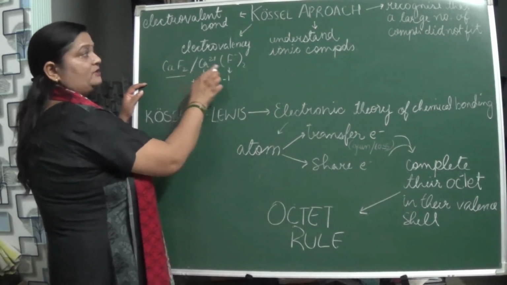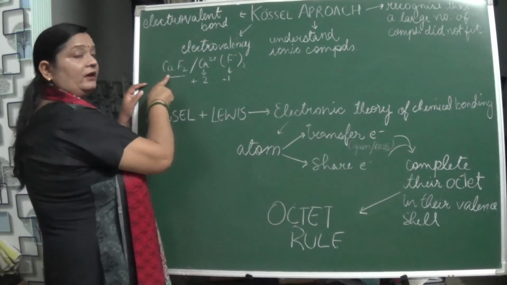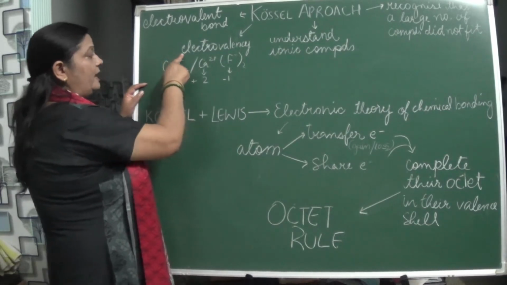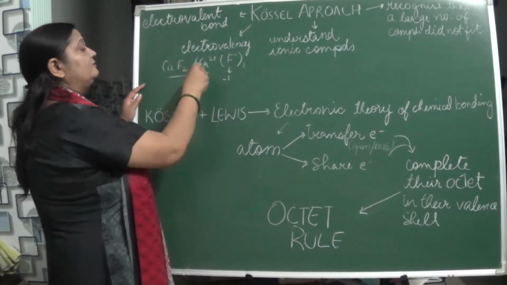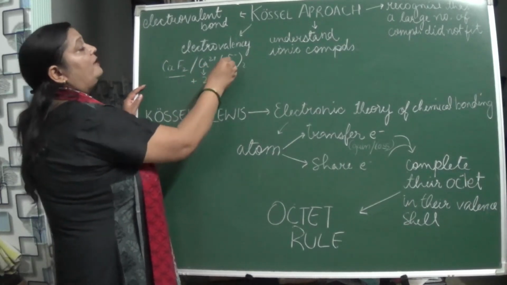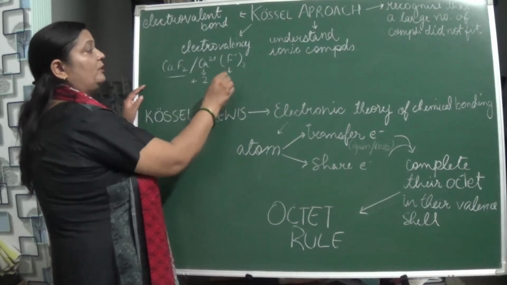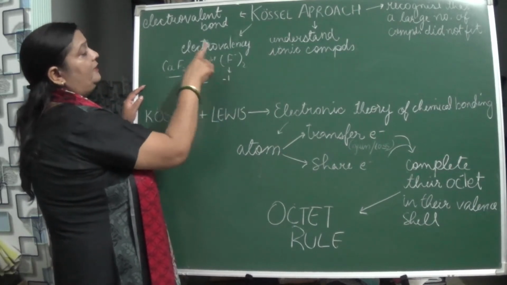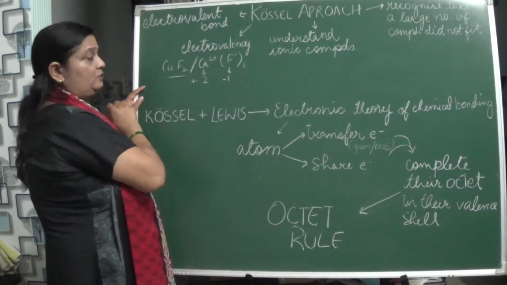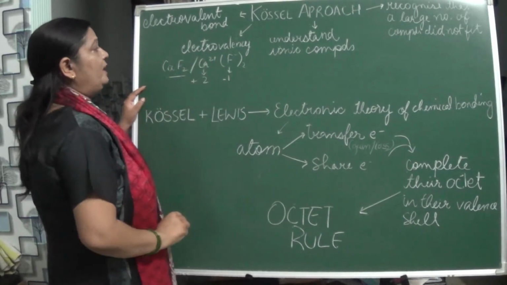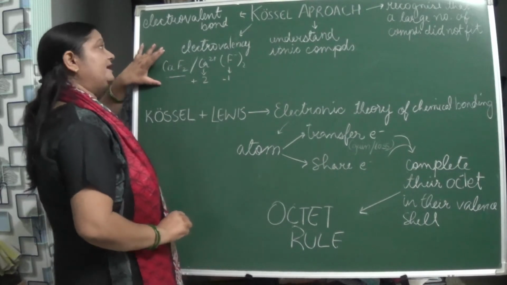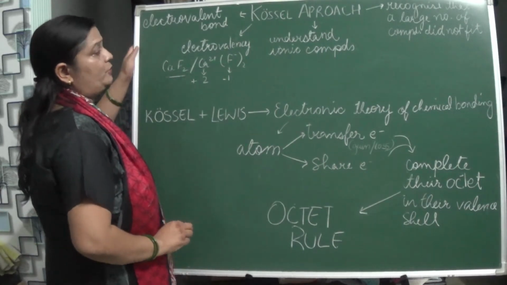Two fluorine atoms are there, so calcium gives two electrons, one to each fluorine atom. So the electrovalency of calcium becomes 2, and fluorine becomes only 1, because two fluorine atoms accept the electrons, and for one atom it is -1. So electrovalency could also be worked out with the help of Kossel's approach.